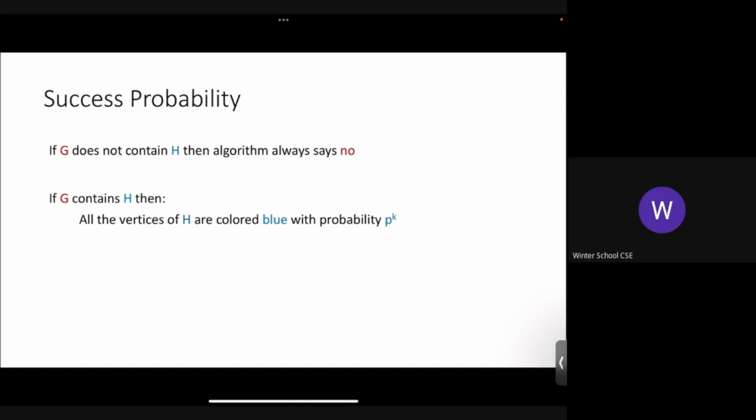Graph H has k vertices, so it's P to the k.